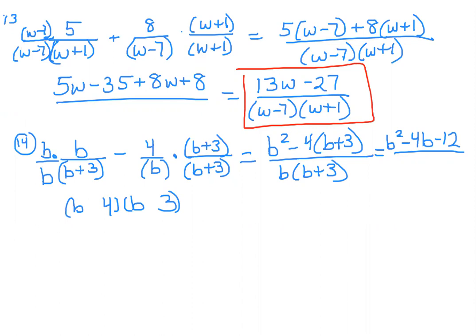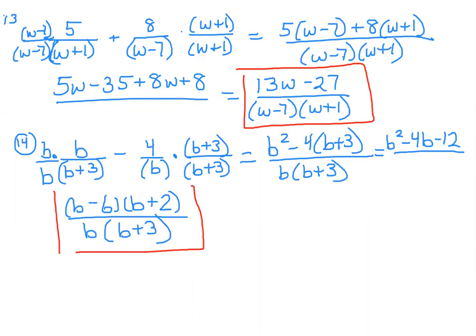Not a 4 and a 3. So I was wrong there. Okay. It would be a 6 and a 2, and it would be a negative 6 and a plus 2, and our denominator is b times b plus 3. Can we factor anything? No, nothing factors. So again, that's our answer. Sometimes we're just left with an answer like that.